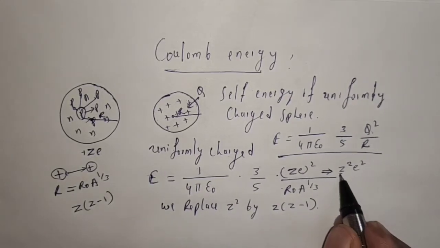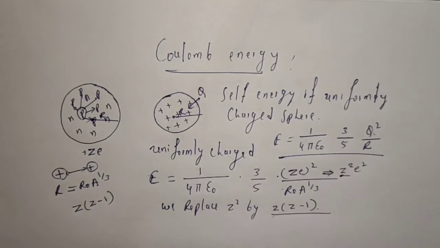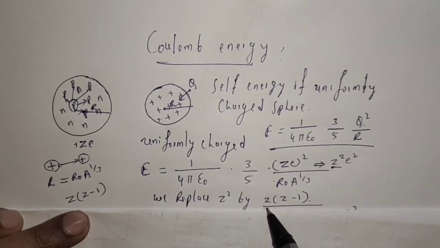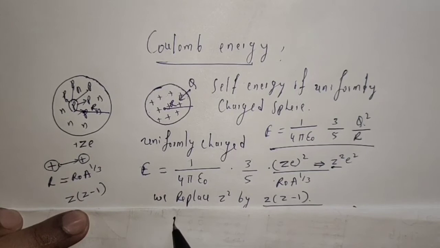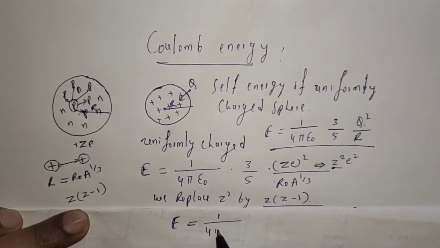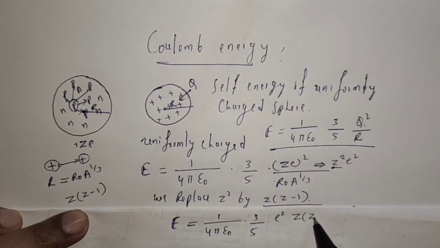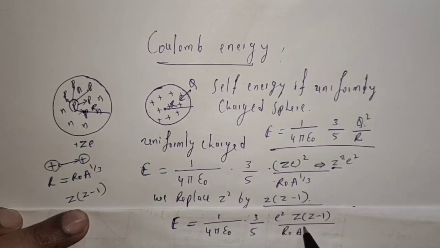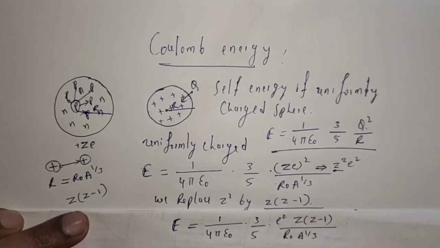That's why we replace z square by z into z minus 1. Then we get E equals 1 by 4 pi epsilon naught into 3 by 5 into e square z into z minus 1 divided by r naught a to the power 1 by 3.